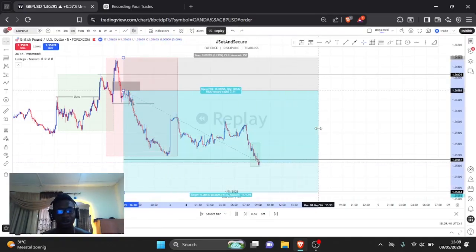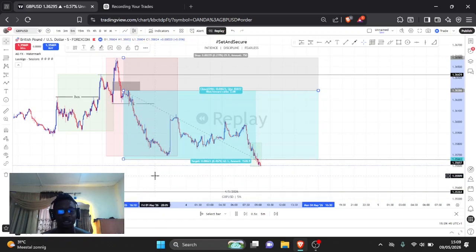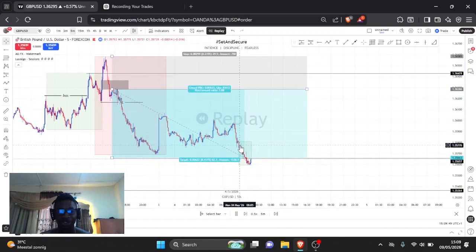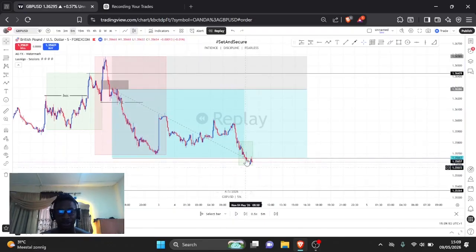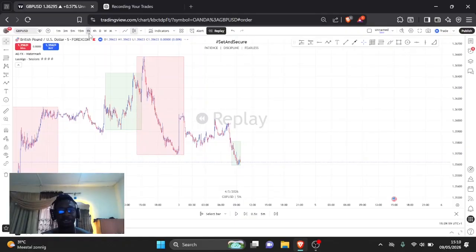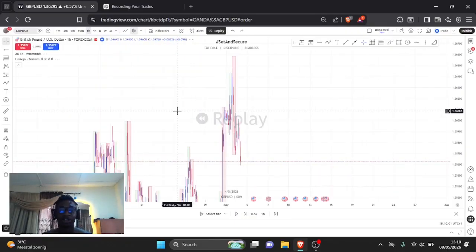Our 2 to 1 got hit right now. During the process of it getting hit, we had another London session being created. All right, so that is the Set and Secure strategy.